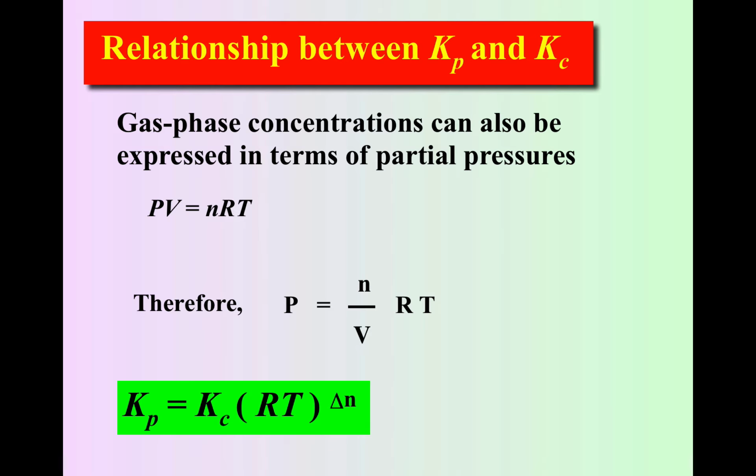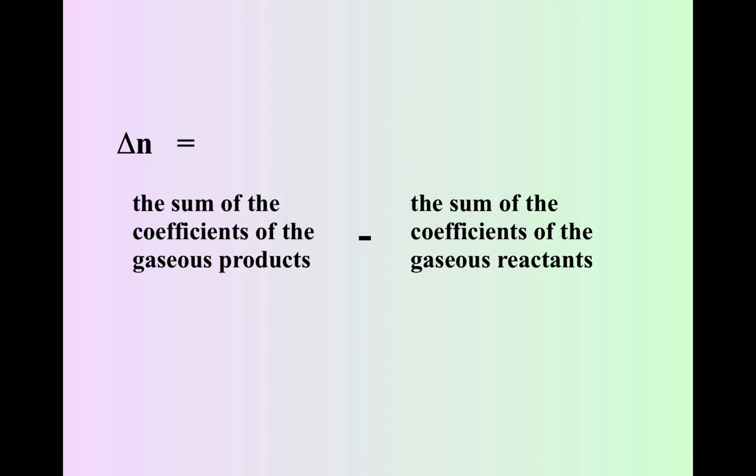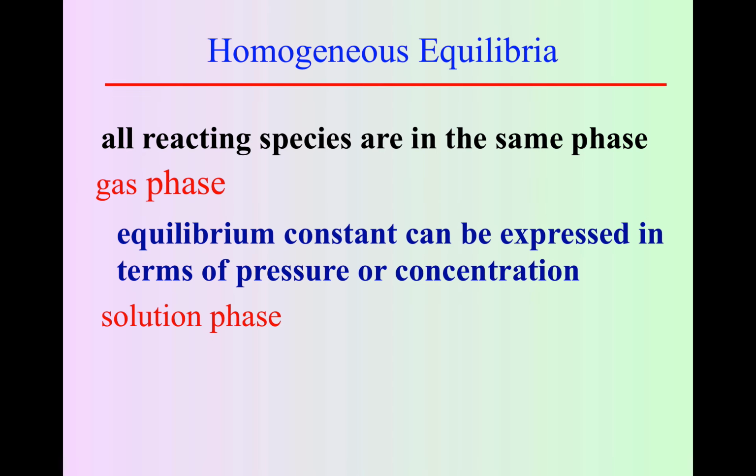So what is delta n? Delta n is defined as the sum of the coefficients of the gaseous products minus the sum of the coefficients of the gaseous reactants. So it's a very specific thing. We sum up the coefficients of the products, subtract the coefficients of the reactants, and we get delta n.